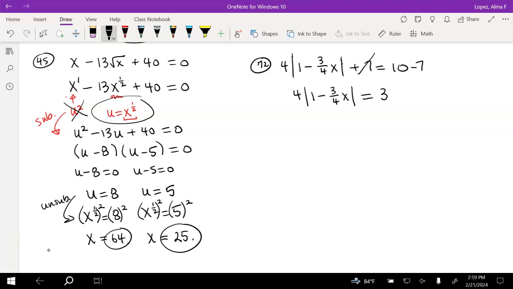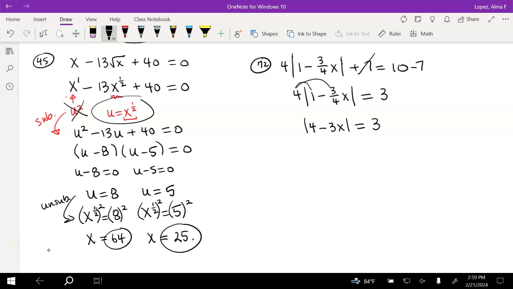We can actually distribute that 4 through the absolute value. 4 times 1 is going to be 4. 4 times -3/4 is going to give us a -3x, equals 3. Now we don't have to multiply the right side by 4 because we're just distributing that 4 through the absolute value to get rid of the fraction appearance on the inside.